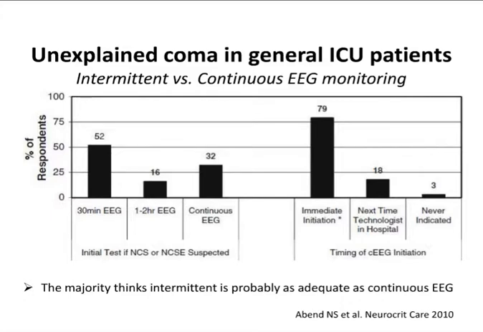And in this survey, they seem to agree that the majority thinks that intermittent EEG, so 30 minutes up to 1-2 hours, is probably as adequate as continuous EEG monitoring. So we can rely on this survey and say that potentially intermittent EEG in this situation is okay.